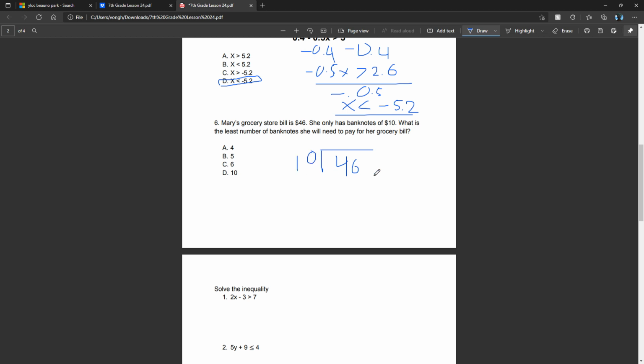So 46 divided by 10. 10 goes into 46 4 times. You subtract, you get 6. So your remainder is 6. But so the answer should be A. Wait, according to my answer key it says B, but I'm pretty sure it's A.